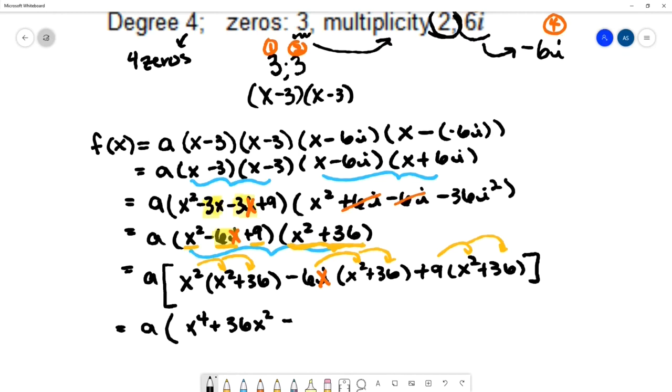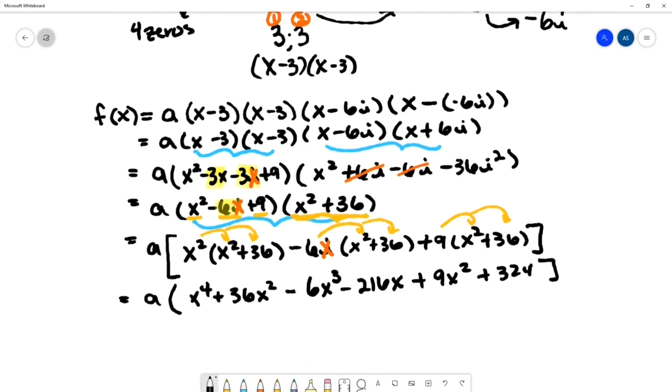So when I distribute, that becomes 6x cubed minus 216x. And when I distribute, I'll have 9x squared, and 9 times 36 gives me 324. I have some like terms I can combine. I can combine these two x squareds together, and I'm also going to write this in descending order, meaning the highest degree first.